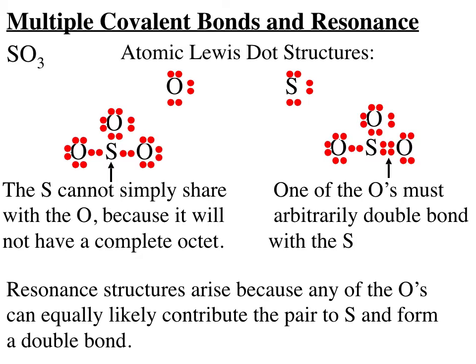So the best idea we can come up with is to allow for the double bond to hop from the S on the left to the S on the top to the S on the right. Now, what we will call that is a resonance structure. This shows how the double bond can be simultaneously distributed between any of the three outward oxygens to the central sulfur.